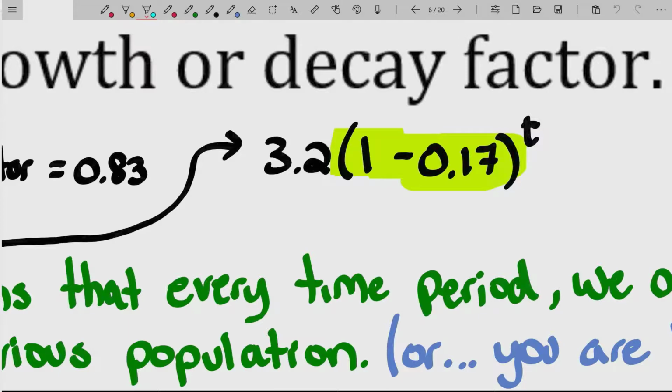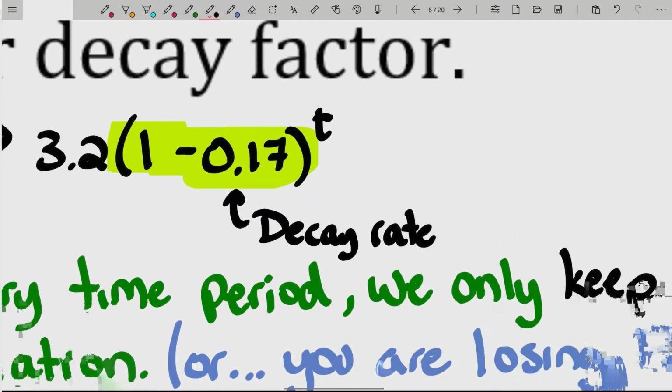Since it's 1 plus or minus a value, the plus or minus value, or the thing after the 1, is called the growth or decay rate. In this case, because it's negative, that 0.17 is called a decay rate. Put the emphasis on the first word. So it has a decay rate of 17%.